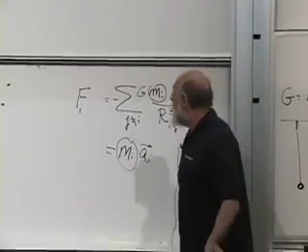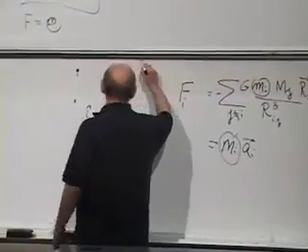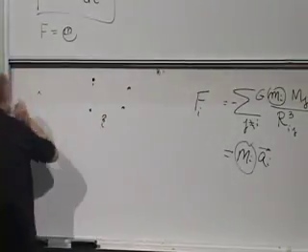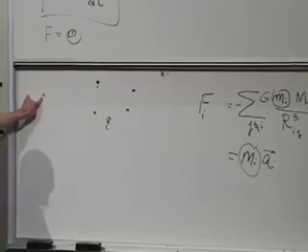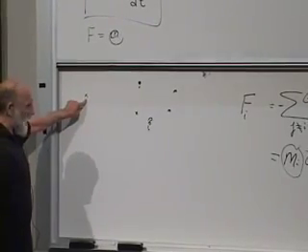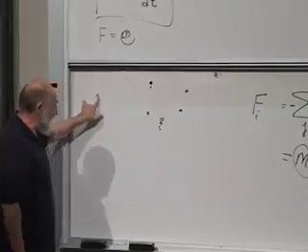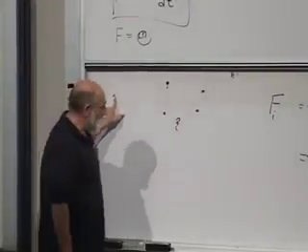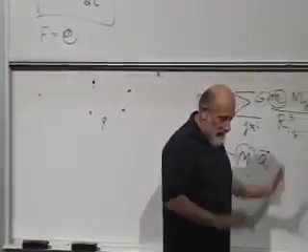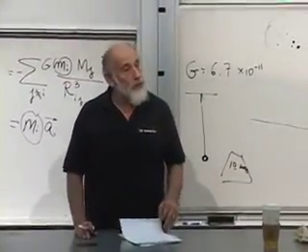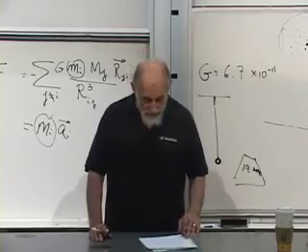So what that means is if we had a whole bunch of particles here, and we added one more over here, its motion would not depend on the mass of that particle. It depends on the mass of all the other ones, but not on the mass of the ith particle. Again, that's the equivalence principle, that the motion of a particle doesn't depend on its mass.